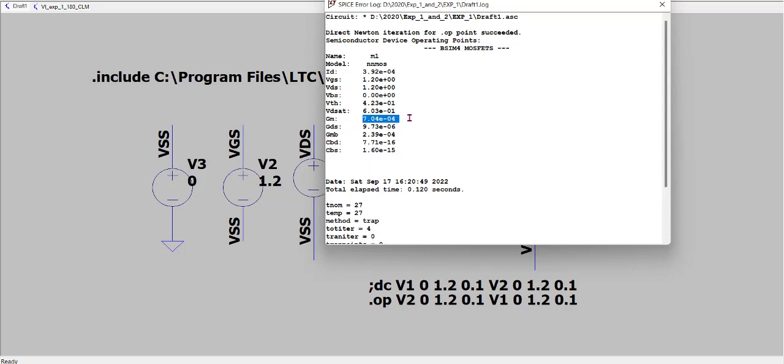GM is given in mho, that is ampere per volt, and likewise you can find other values here. And the condition is also given. VTH obviously will not change, so this is the condition at which GM is this. As the condition varies, our values will vary, but here you can have a cross checking, right? So I hope this was interesting enough.